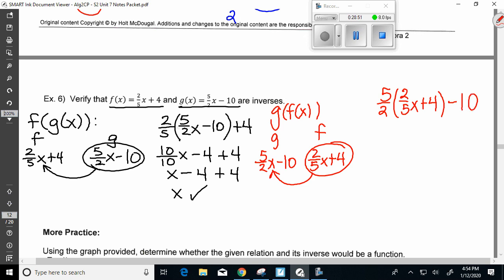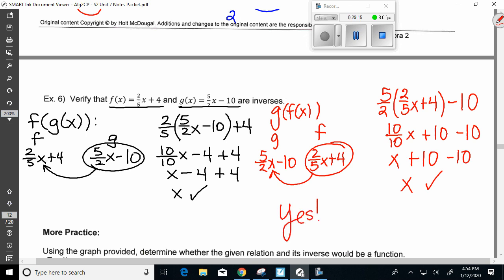Plug it in, the same rules apply. 5 times 2 is 10. 2 times 5 is 10. 10 divided by 10 is 1. 5 over 2 times 4 gives you a positive 10. And 10 minus 10 is 0. So you get x. Both answers work, so the answer is yes. The answer is most definitely yes.